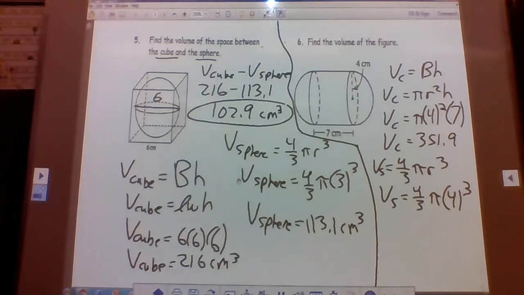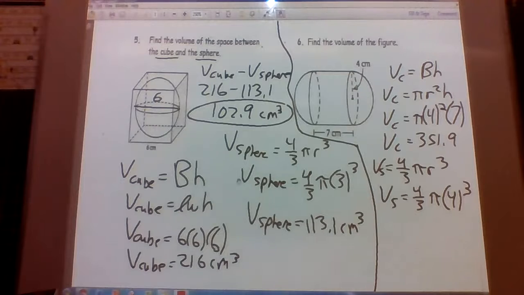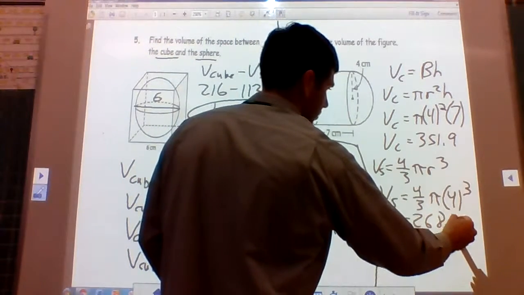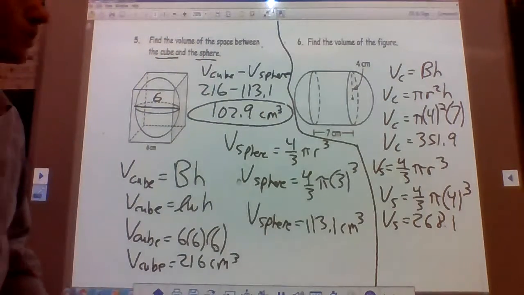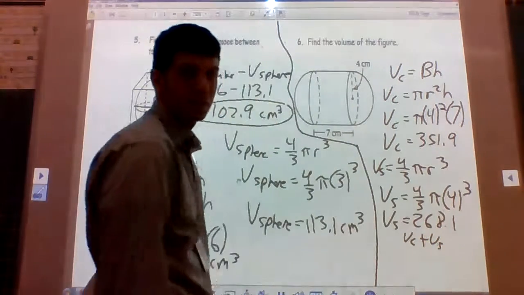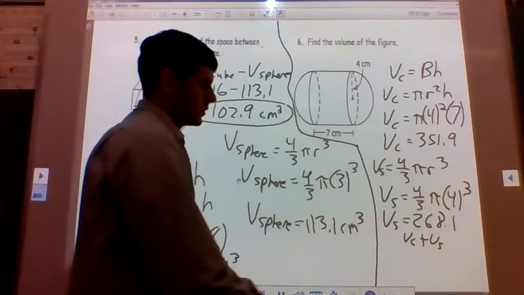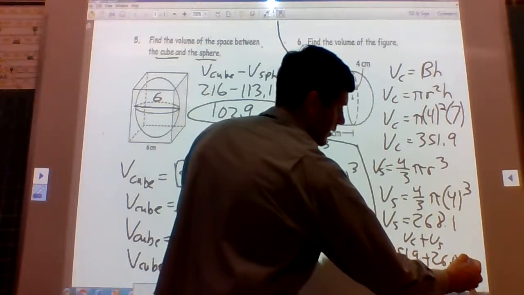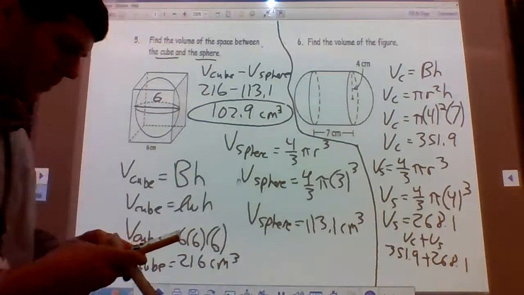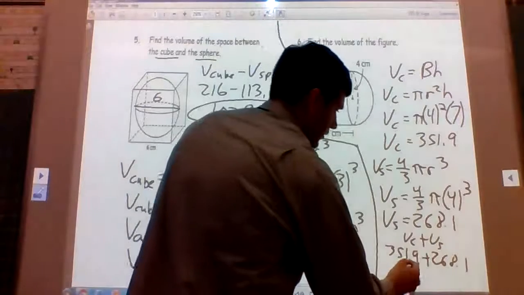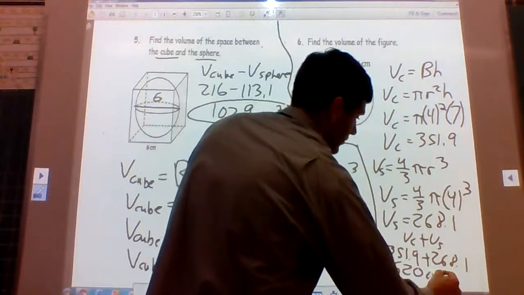Well, let's just put it in 4 divided by 3 times pi times 64. 268.1. Okay, we want the volume of the whole thing, so we're going to have to do the volume of the cylinder plus the volume of the sphere. Okay, which is going to be 351.9 plus 268.1. Which gives us 620. And the units here again are centimeters cubed.